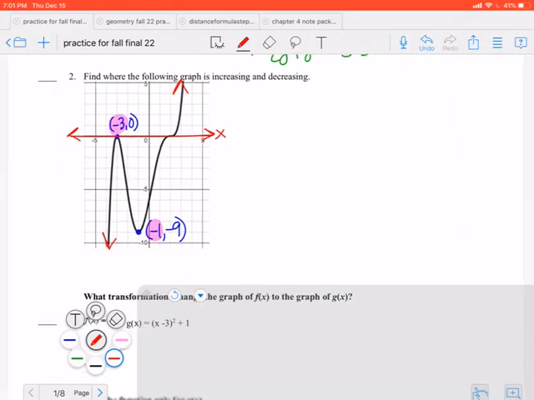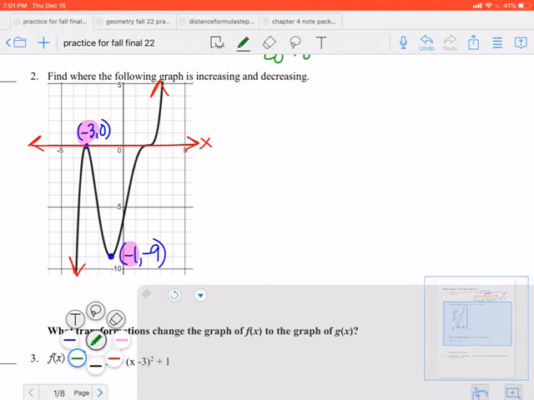Increasing and decreasing is, start on the left, the way we read from left to right, and just trace it. Whenever your pencil's going up, you're increasing. Whenever it's going down, it's decreasing. And after here, it's got that little curvy bump there, but it still is increasing.